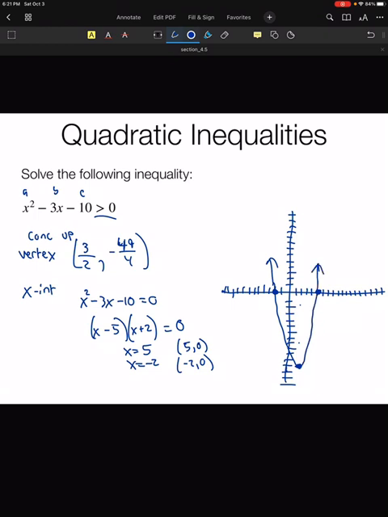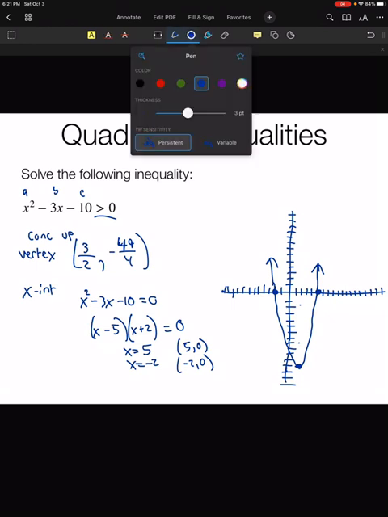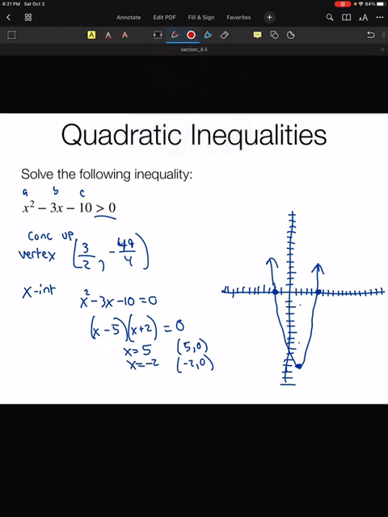Not great, but good enough for our purposes. What we're interested in is when that's greater than 0. So it's actually these points up through here, not the lower half.